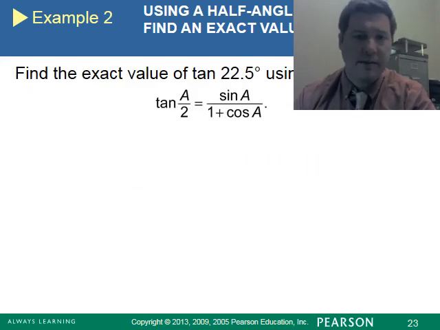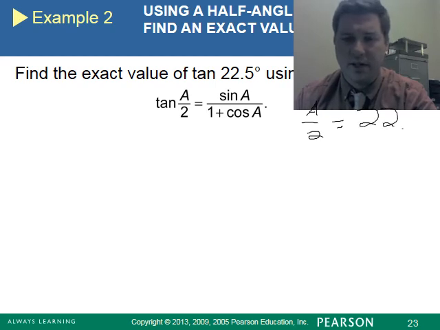Tangent, again, same idea. 22.5, dividing that by 2 is not going to help me. This is kind of the result I'm starting with. I'm saying, okay, A over 2 is 22.5.